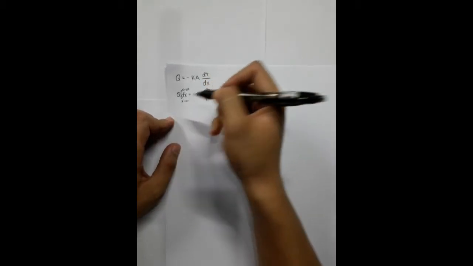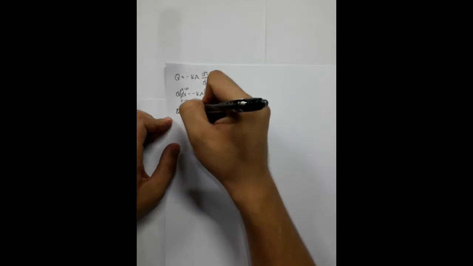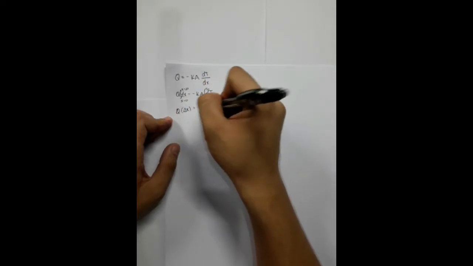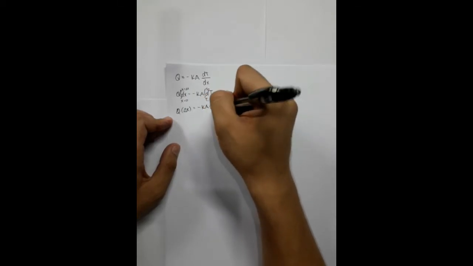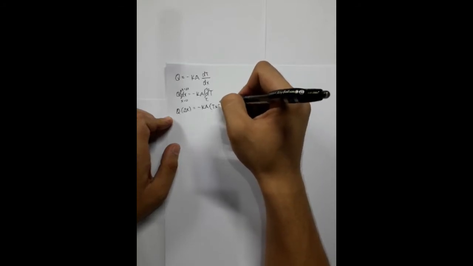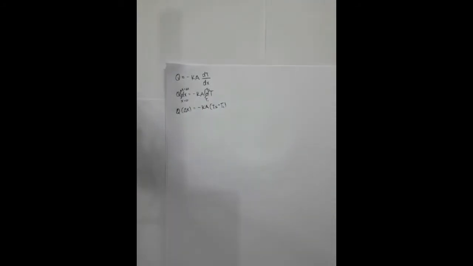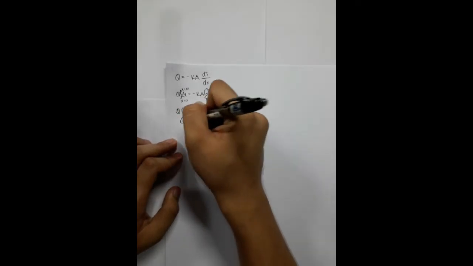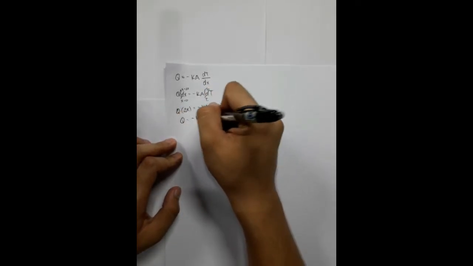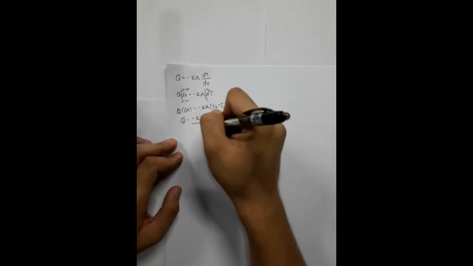So, pag in-integrate natin yan, kalalabasan niya is Q delta x equals negative K A (T2 minus T1). Or pag cross-multiply natin ulit yung delta x sa kabila, mahahanap na natin yung kadalasang nakikita natin sa libro or sa notes na formula for heat conduction.